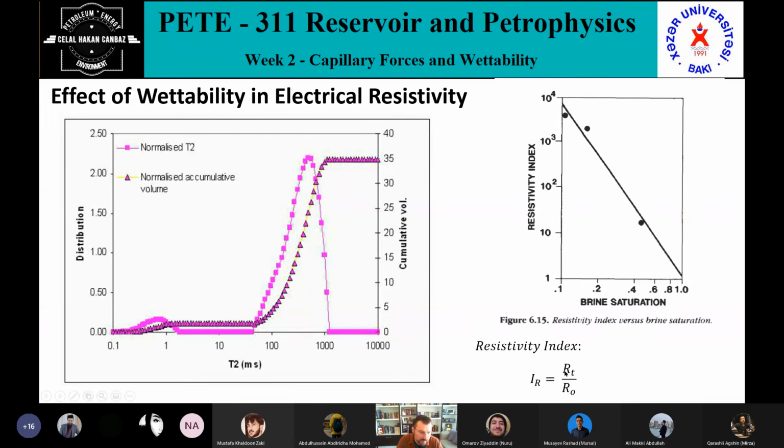This is the actual one. So the ratio of these gives you the resistivity index. According to the brine saturation differences, your resistivity index will show a behavior like this, a line decreasing. When your brine saturation is increasing, your resistivity index decreases along a certain line.